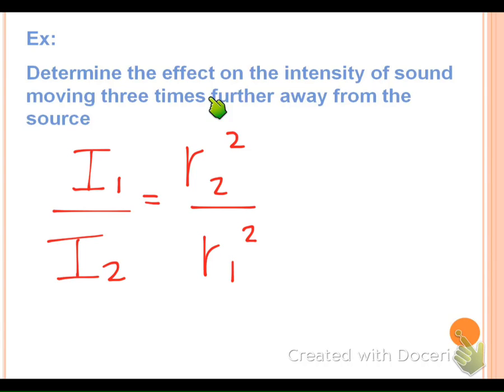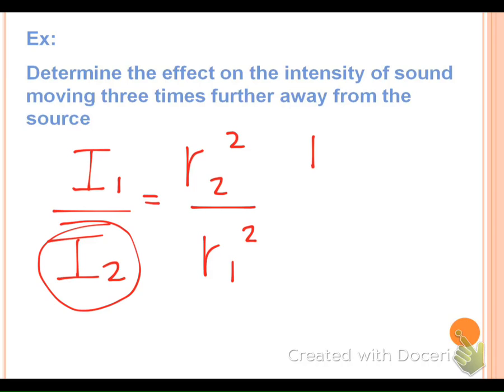So if we're looking at the intensity of a sound wave that's 3 times further away, are we going to be solving for I1 or I2? I2, that's what we're going to be solving for. And if we know that the radius is 3 times further away, which radius do we need to change, R1 or R2? R2, and we're going to change it to just a 3, because we're looking at 3 times that initial radius.